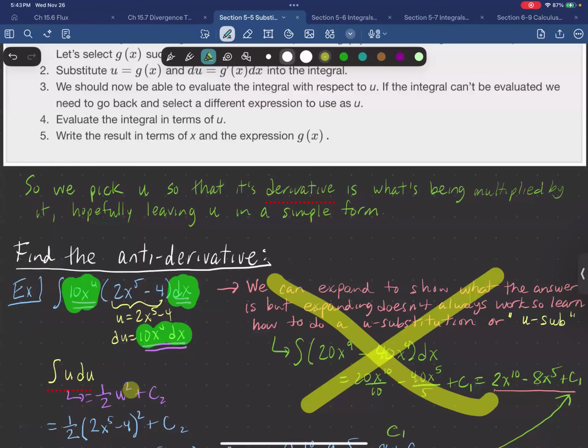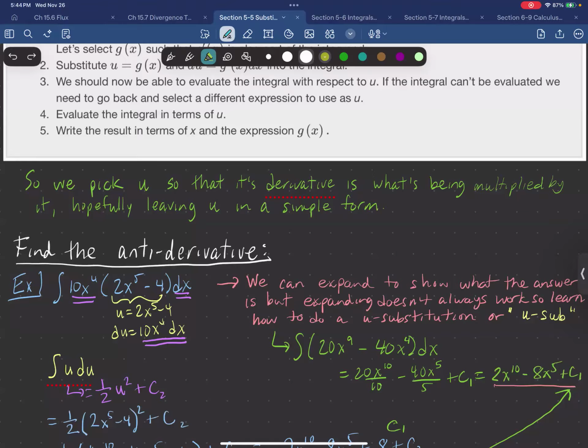Now, I got this answer here, and I got this answer here, and they don't look the same to me. So I'm going to show you that they are, in fact, the same by expanding out the left side one.